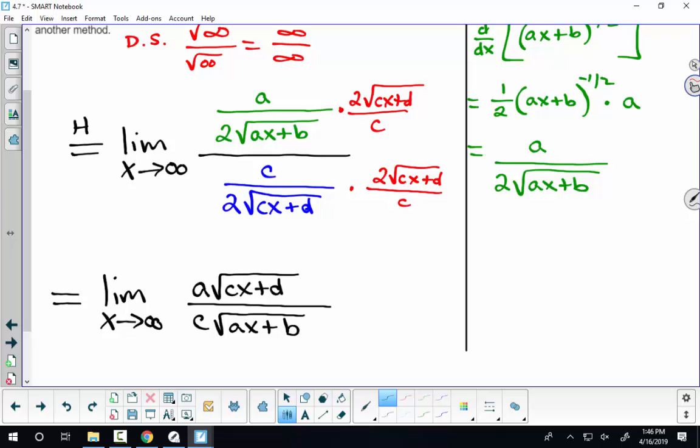But keep in mind, if we apply L'Hopital's rule again, we're going to take the derivative of these roots and have this same sort of structure as long as we keep applying L'Hopital's rule. And notice, after L'Hopital's and simplifying, when we evaluate the limit, we still come up with infinity over infinity.